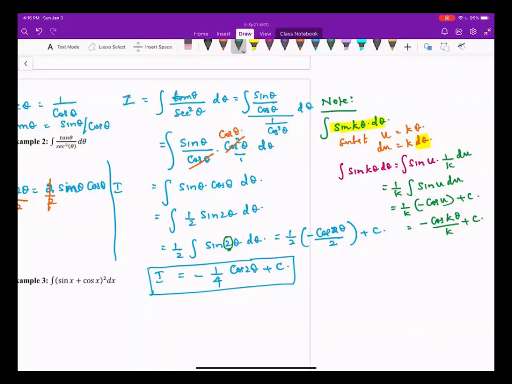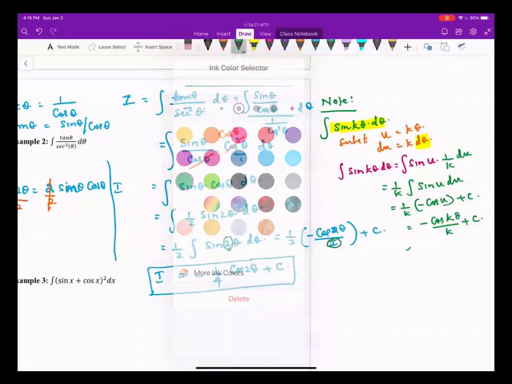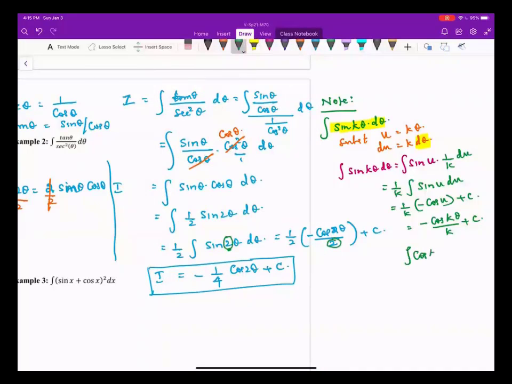That's why you have the number in the denominator as 2 as well. Same thing, if you want to remember, the integral of cosine of k theta d theta is sine of k theta over k. Okay? Remember these two formulas. We will be using them often.